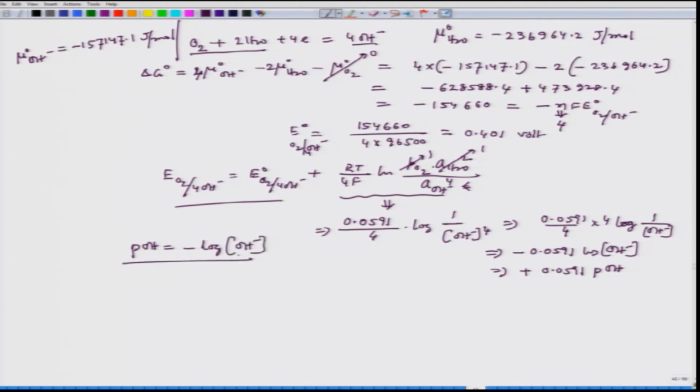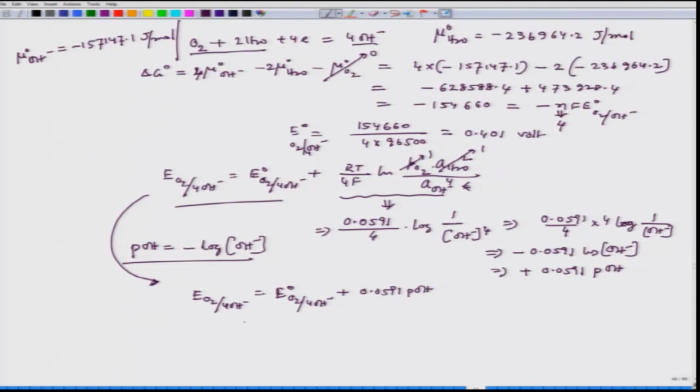This is the definition. So, this equation becomes E O2 for OH minus equal to E0 O2 for OH minus plus 0.0591 POH.